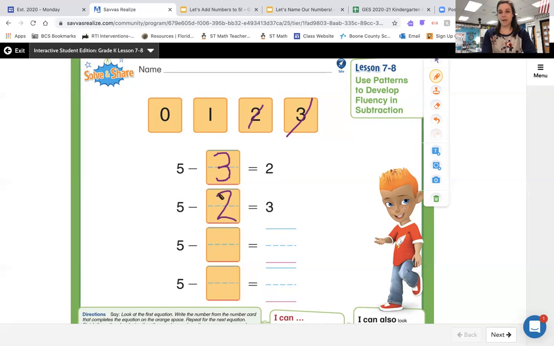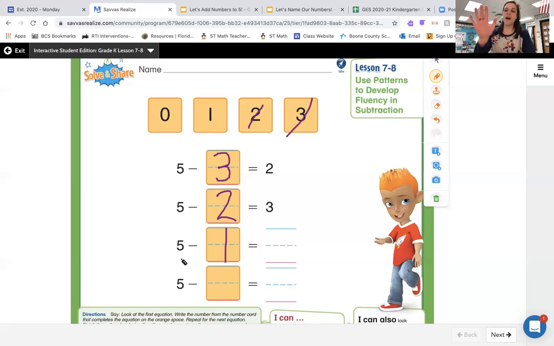5 take away 2 is 3 left over. Okay? Are you starting to see numbers that are counting backwards? 3, 2. What number comes before 2 on our number line? When we're counting backwards, we say 3, 2, 1, right? So let's go ahead and write our 1 here. So this is the number pattern I'm starting to see.